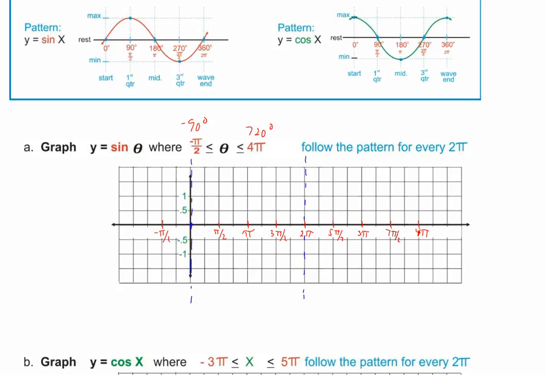So I put a point at 0, 0 in red there. At 90 degrees, the sine is at the maximum, so it's at 1. At 180 or pi, it's back to 0. At 270, which is 3 pi over 2, it's down to negative 1. And at 2 pi, it's back to 0. And I have just done the wave in this area.